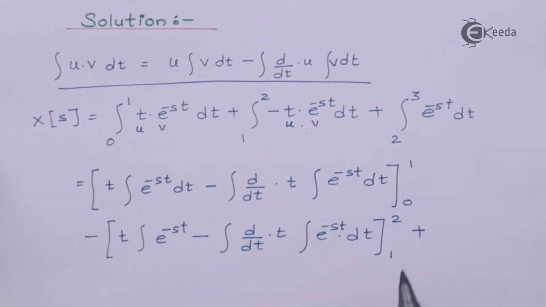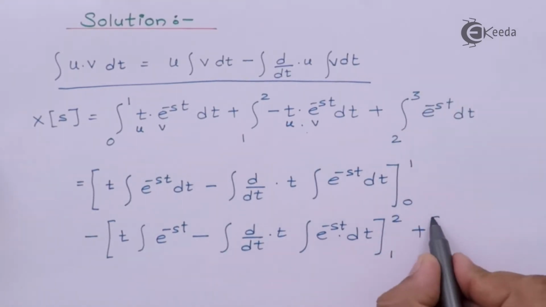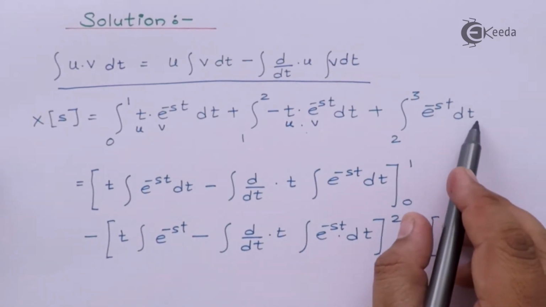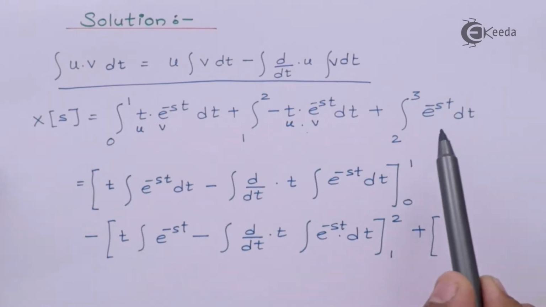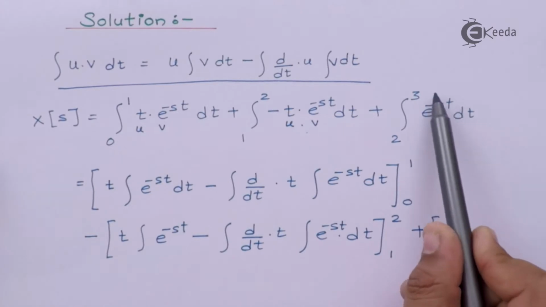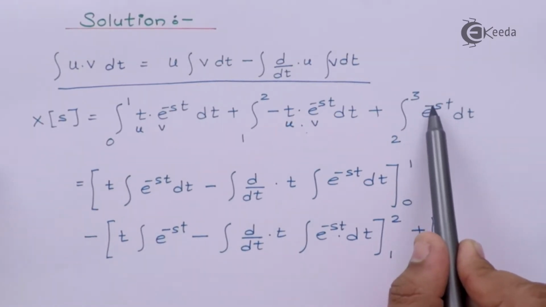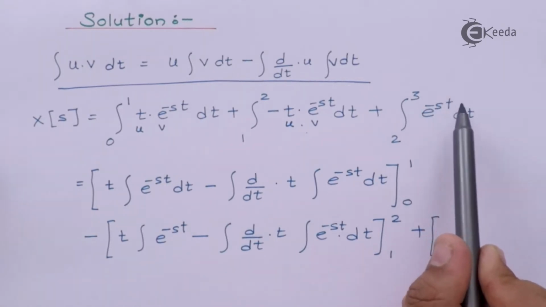And now the last part is the integration of e to the power minus st dt. The integration of e to the power minus st with respect to time t, as I told you earlier in previous videos also, the integration of an exponential term is always just dividing the whole exponential term by the constant part which is present in its power.